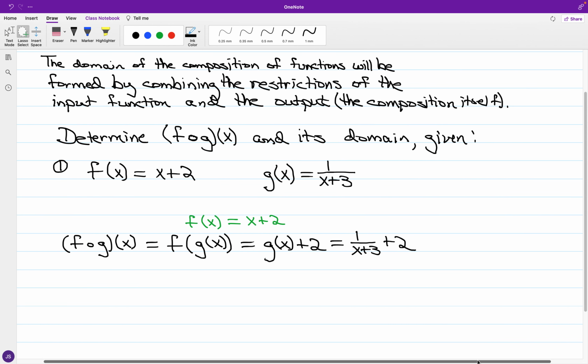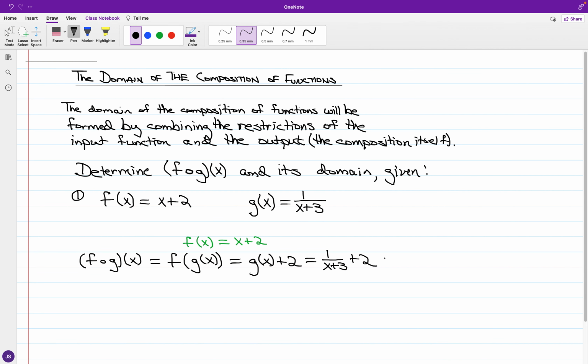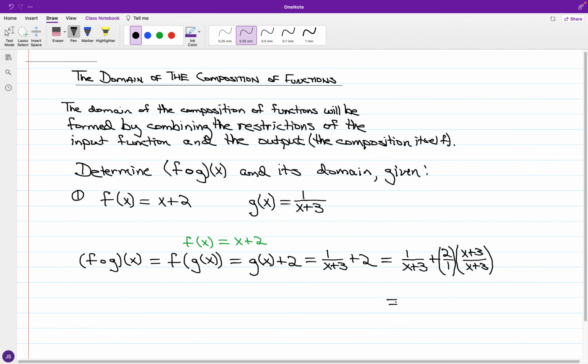And if I look at combining the expressions, if I make 2 a fraction, 2 over 1, you've got the least common denominator of x plus 3. So you have 1 over x plus 3, and multiplying 2 by 1 in the form of x plus 3 over itself, I'm going to have both of these denominators at x plus 3.